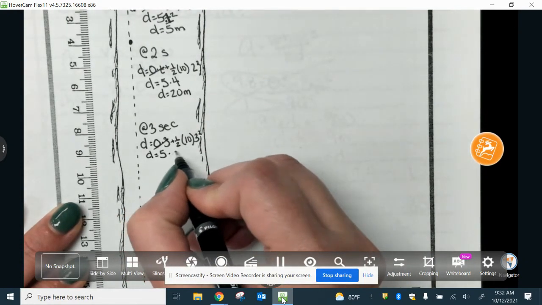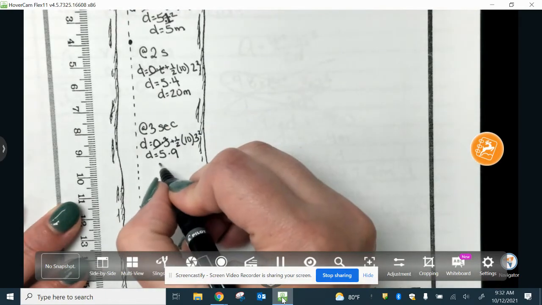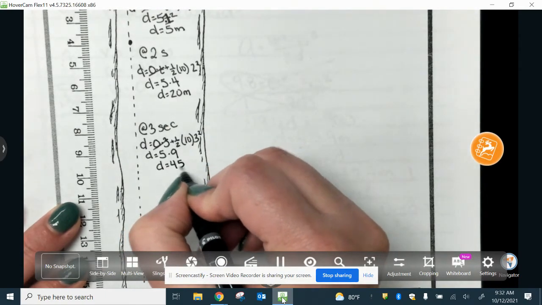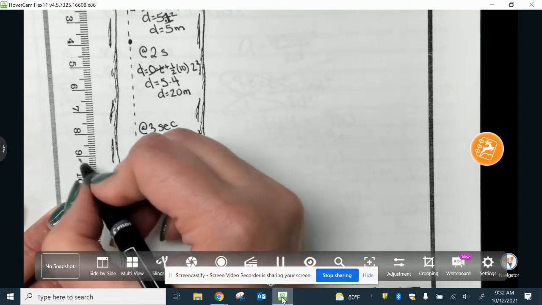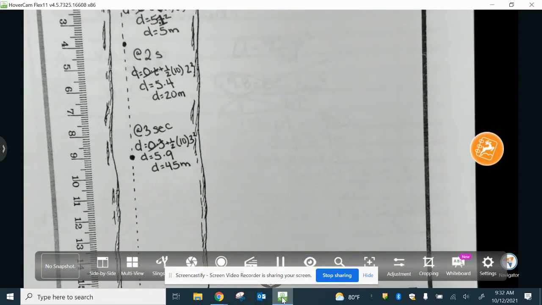Distance is equal to 5 times 3 squared, which is 9, so 5 times 9, which would be 45 meters. So using that scale, my ball would be right here at 9 centimeters.